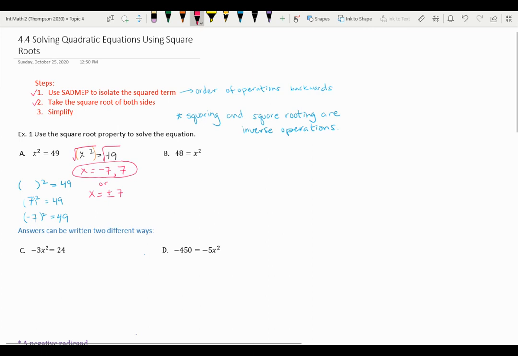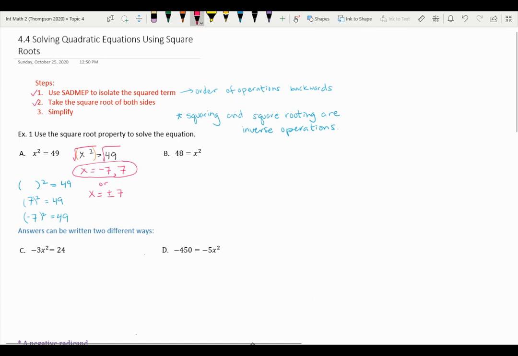If you were using the keyboard on your computer, there isn't a plus and minus button, so you would write them both out. But just know that they're the same thing. You have to have 2 answers. If you only include one answer, if you were to tell me only x is equal to 7, that's only half the answer. It's incomplete.